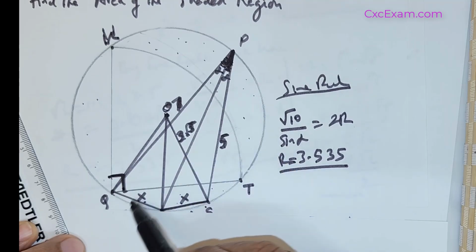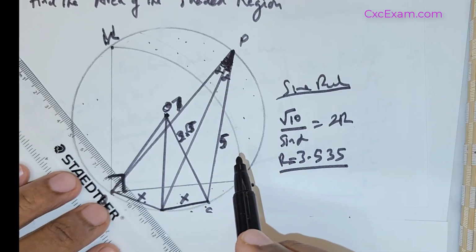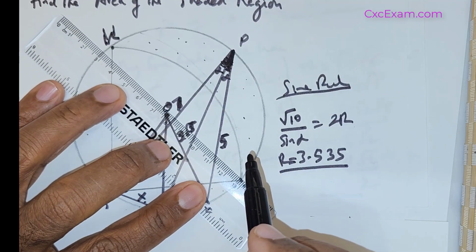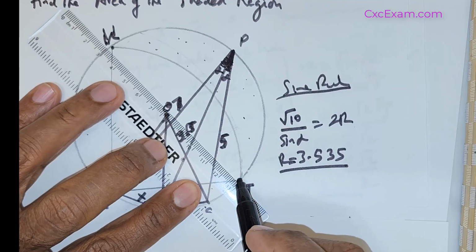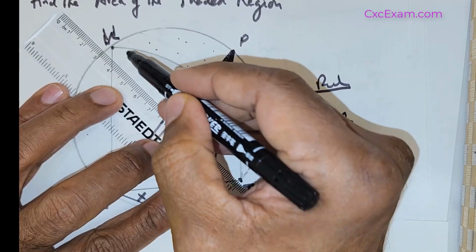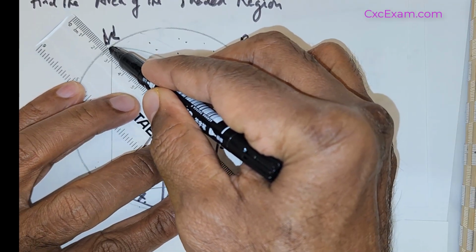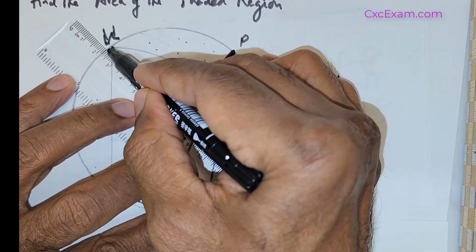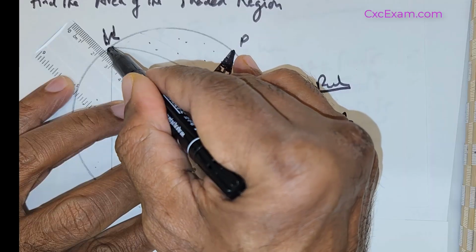Okay, so the triangle part is already finished. Now what I wish to do is I would like to draw a line connecting the point D with this point. Okay, so of course the figure is not to scale.